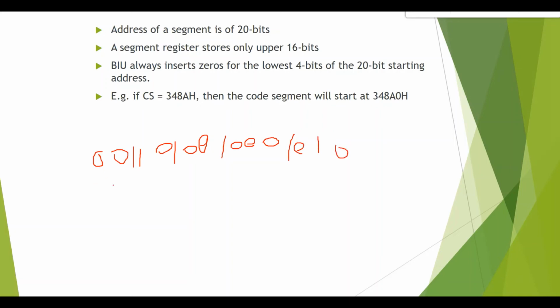So this is the 16-bit address which is held in CS, that is the code segment register. Then we have to insert 0000 at the lowest 4 bits.